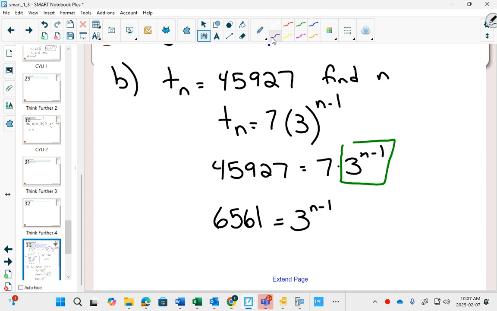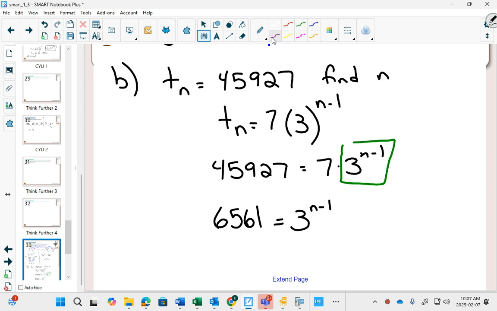Now the next step is going to bother you a little bit as a pre-calculus student. Pre-calculus students like algebraic ways to solve things, and I can't teach you the algebraic way to solve this until grade 12 next year, where we learn logarithms. So we have to do a little bit of guessing and checking with our calculator. One thing you know is that n has to be a nice number.